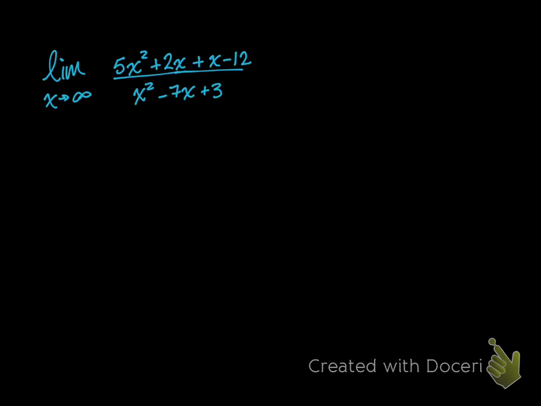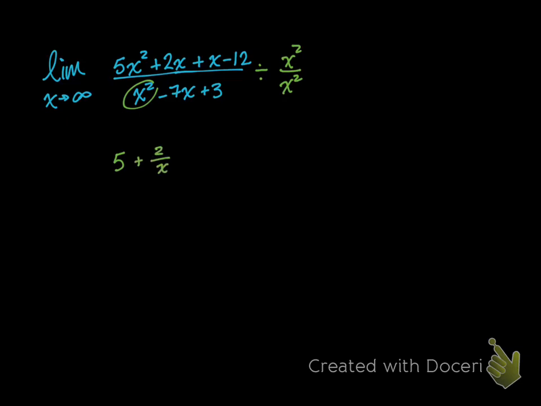The biggest power we have in the denominator is this x squared, so we're going to divide by x squared over x squared. This is a little less complicated than it may seem. We just divide every term by x squared. The first term gives us 5, then plus 2 over x.